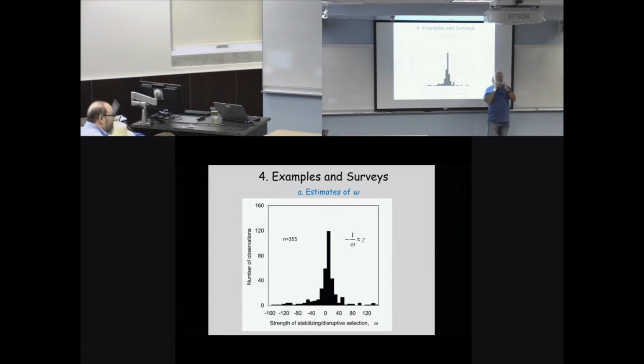And this is a little bit of a cheat because this is really only a good approximation when it's a relatively flat function. But in any case, here we're looking at the strength of stabilizing or disruptive selection, omega, going from large positive values to large negative values.